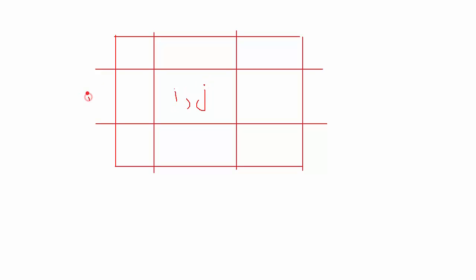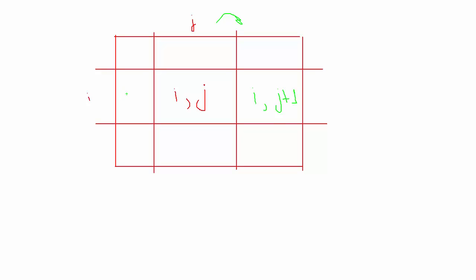How do I find this cell on the right? What's its address? Okay, one at a time. i, because it's on the same row, and then j plus 1 because I just move my column to the right. Did anyone say i plus 1? Nobody. Okay, so what's the one on the left?